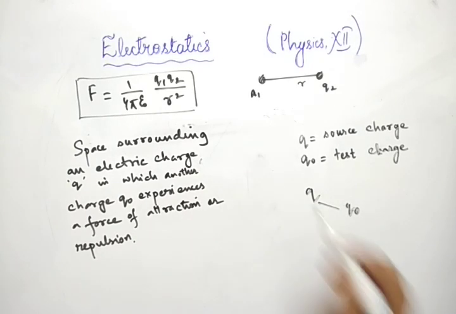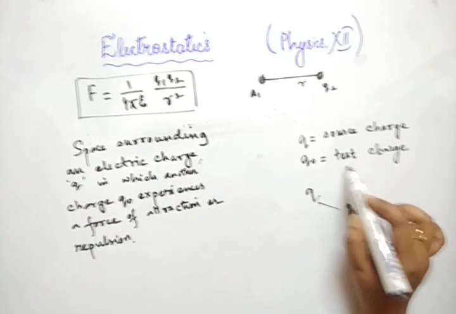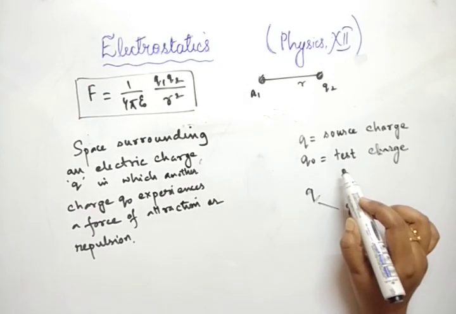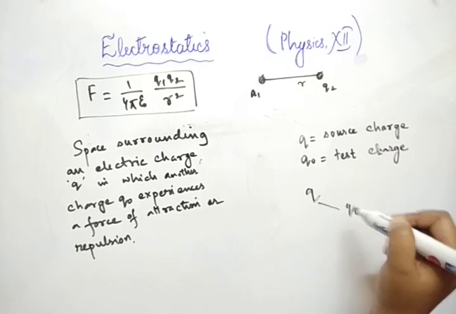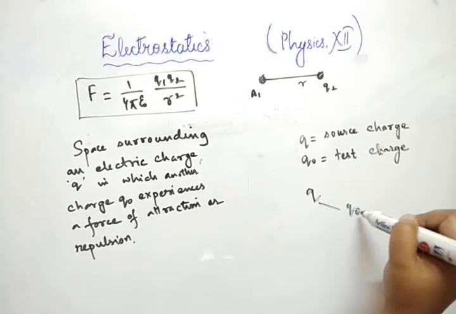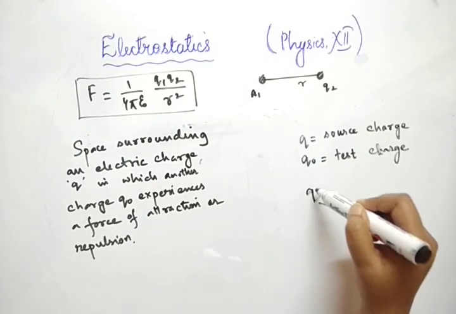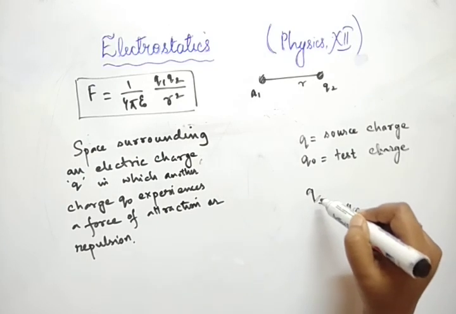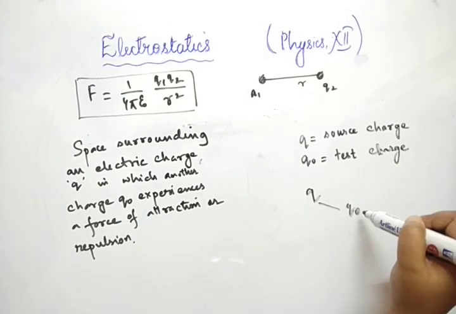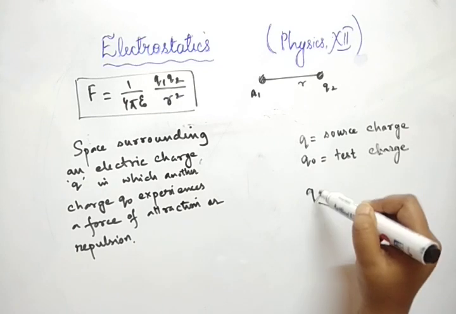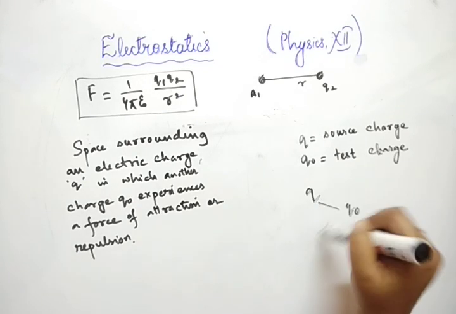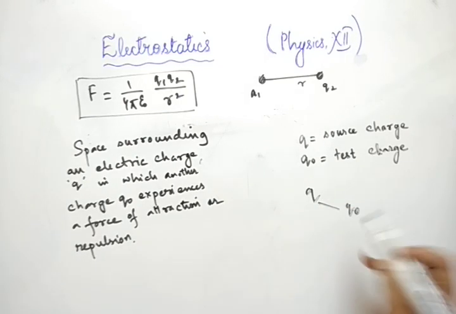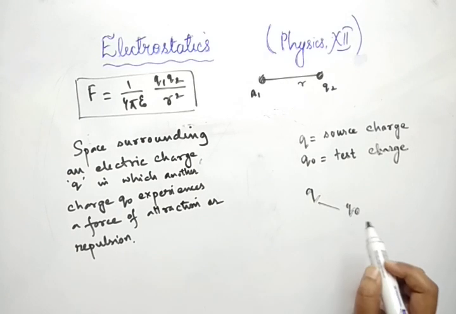And one thing you have to remember: this test charge should be of a very tiny magnitude, because it should not alter the electric field created by this source charge. If it is a very high magnitude, it will affect the electric field of this source charge. So it should be a very small magnitude.